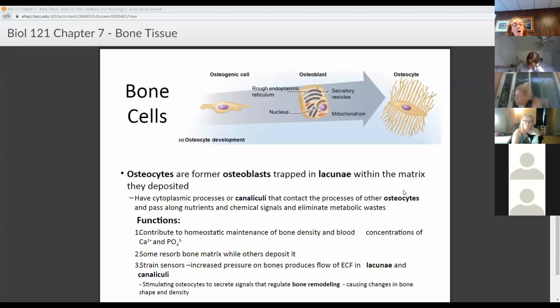So osteocytes are former osteoblasts that are trapped in lacunae within the matrix that they deposited.